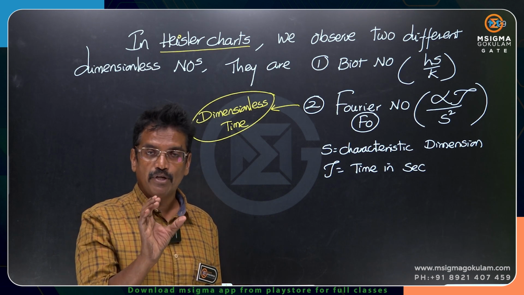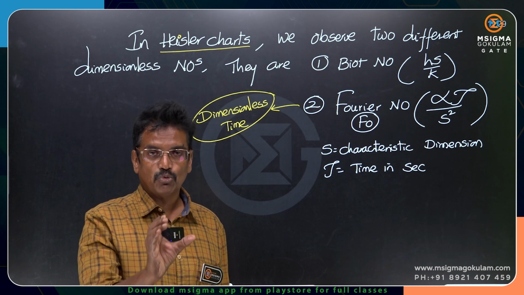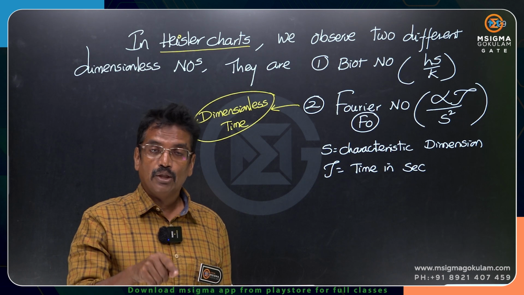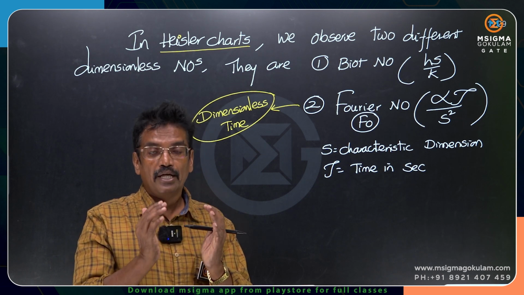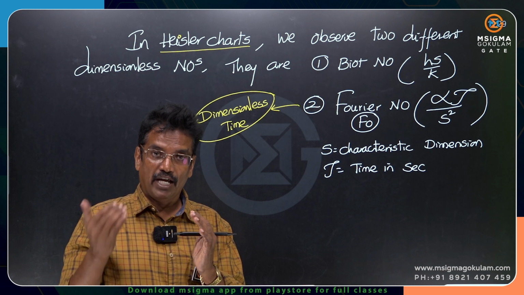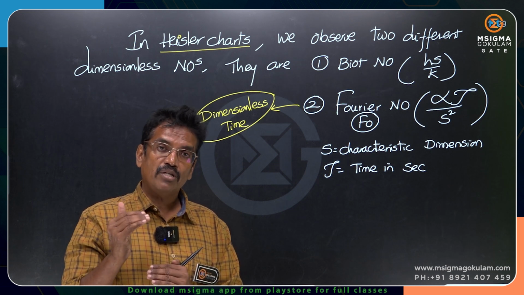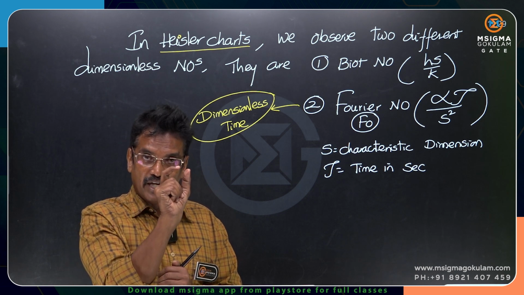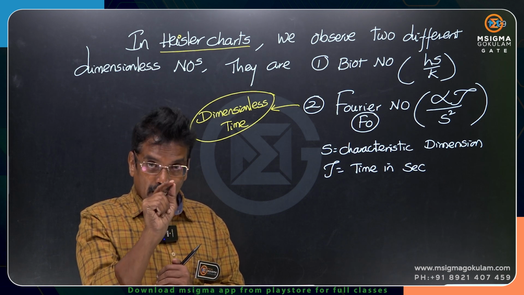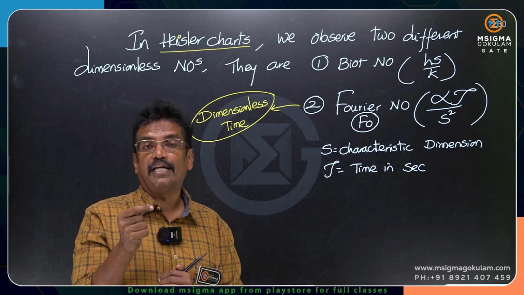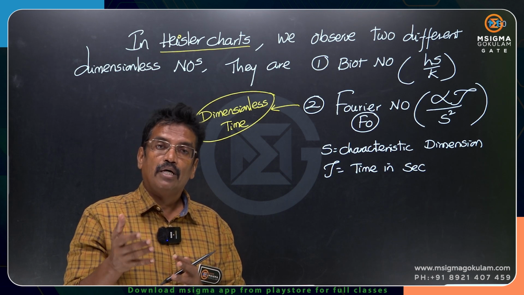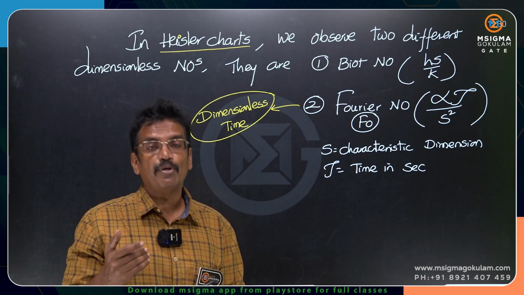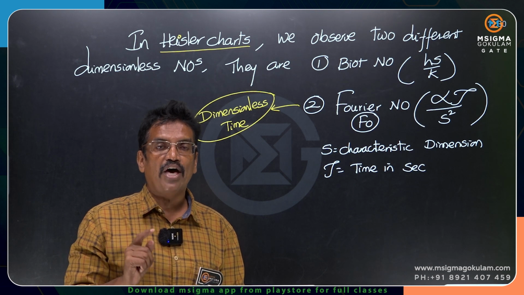Though the body is a little bigger, since the K is very high, the Biot number still falls less than 0.1.